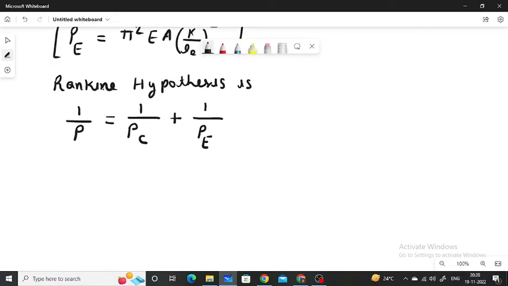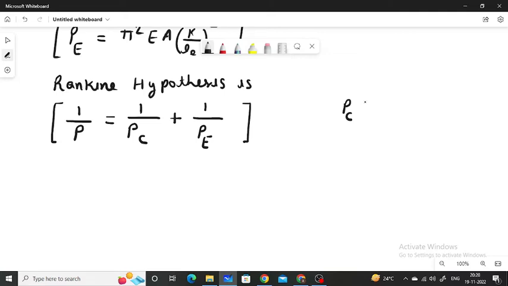See, what will be the actual concept behind this equation? If the column is a short column, failure will occur due to the crushing, because as we know that the failure will occur in short columns due to the crushing.